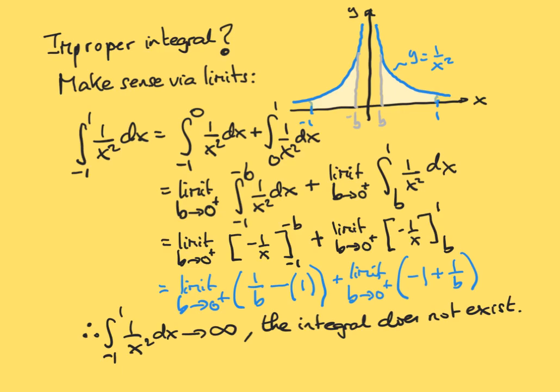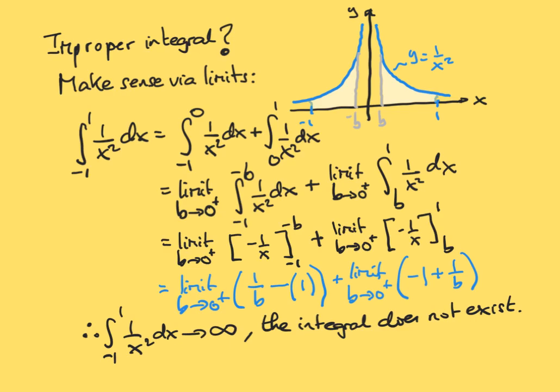And what's happening here is that as you make b smaller, or as x approaches 0, this integrand is diverging, and this is diverging sufficiently rapidly that the area between this curve and the x-axis here is divergent.